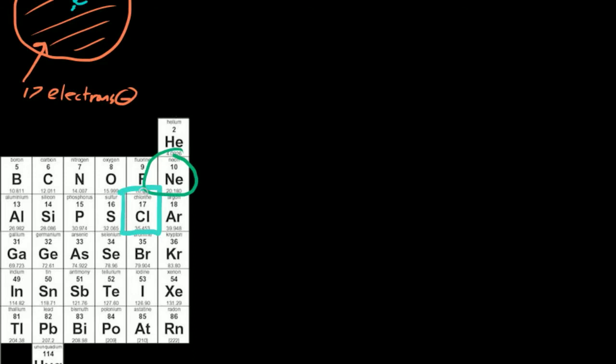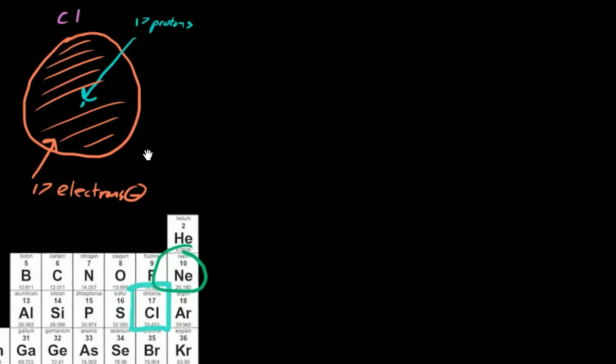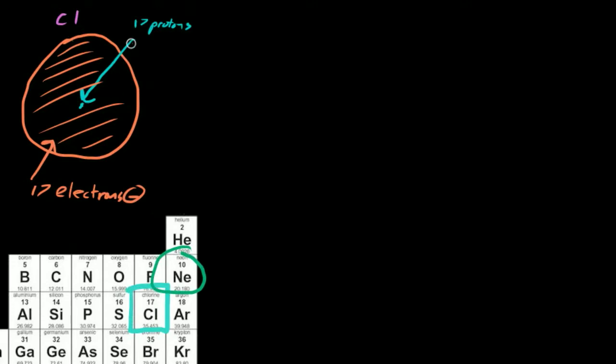And chlorine, similarly, we said that there has to be some type of tendency because we've got 17 protons and they all have a positive charge, and we've got 17 electrons and they all have a negative charge.